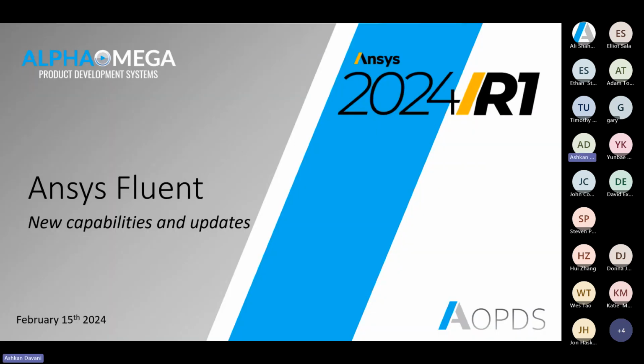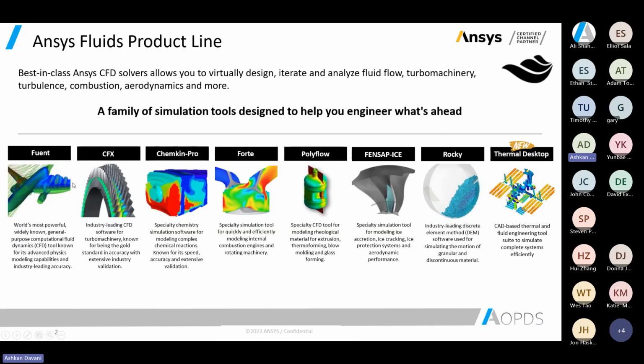Okay. All right, thank you so much, everyone, for joining this meeting for the highlights. I'll be talking about most of the developments in Ansys Fluent. There are many different software that Ansys provides. As you all know, we have Fluent, which is the world's most powerful general-purpose CFD tool.